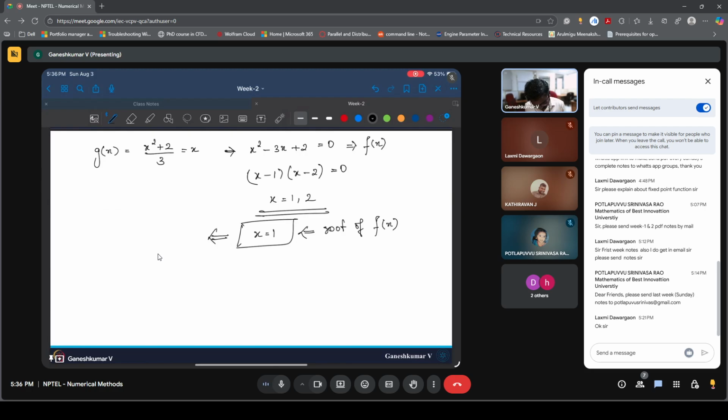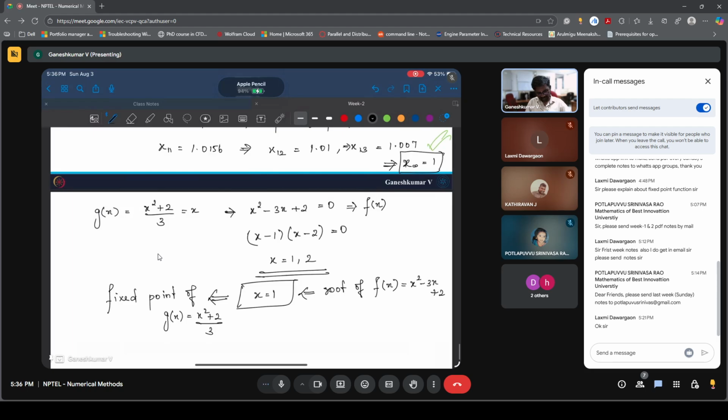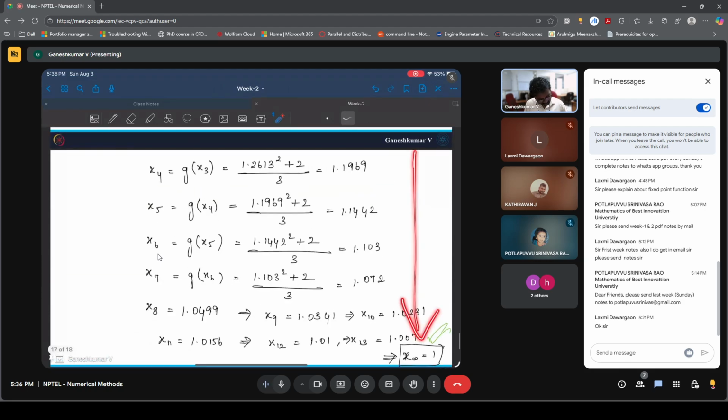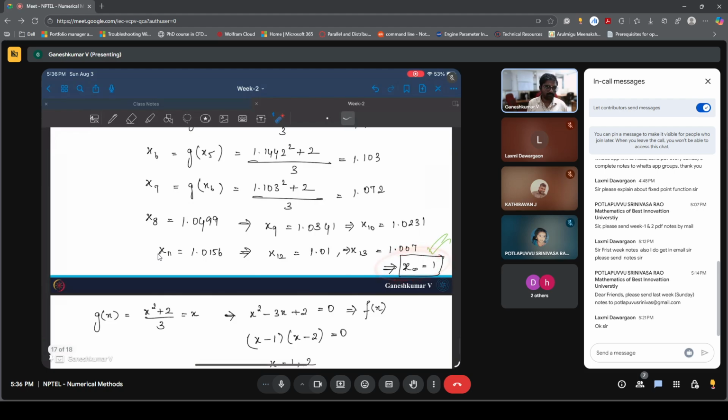So the fixed point of g of x is this, where g of x is equal to x square plus 2 by 3. The root of f of x is equal to x square minus 3x plus 2. So you can either ideally do this simple thing, or you can do this iteration. It will converge to 1 at the end of the day, right?